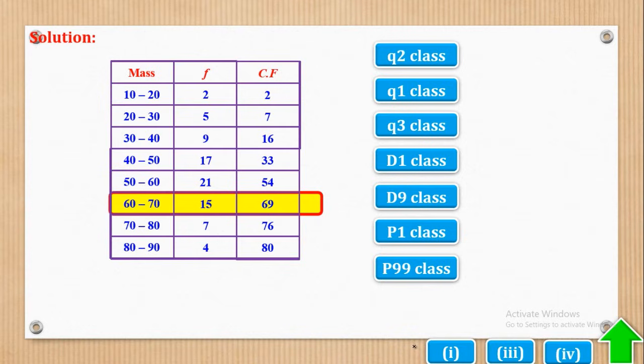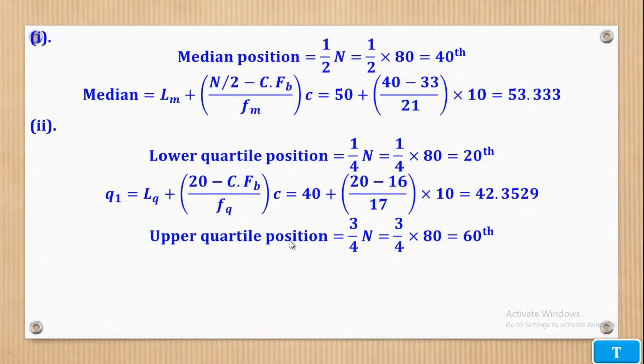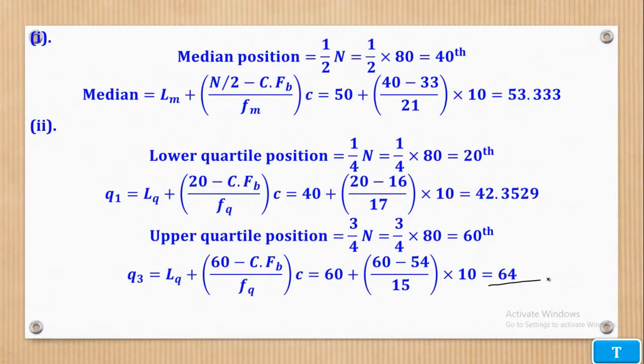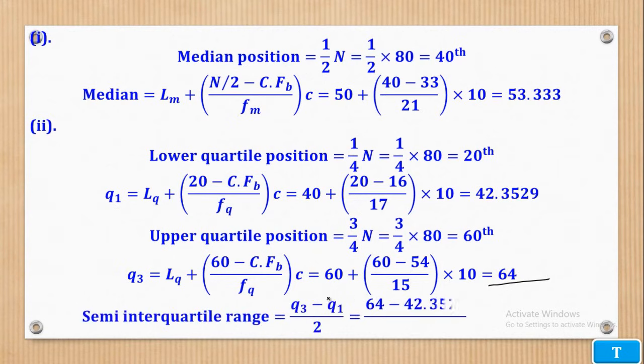Therefore, we shall substitute those values in the formula. When you substitute, you come up with 64 as the upper quartile. Therefore, semi-interquartile range will be interquartile range over 2, which gives you this.